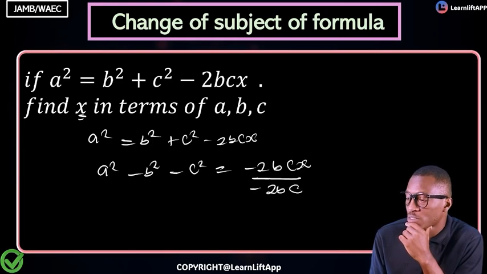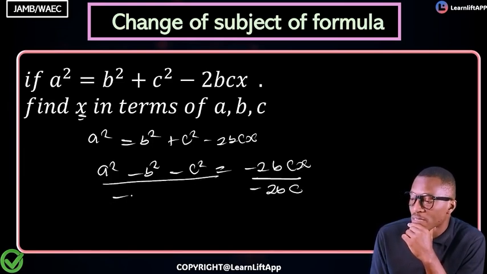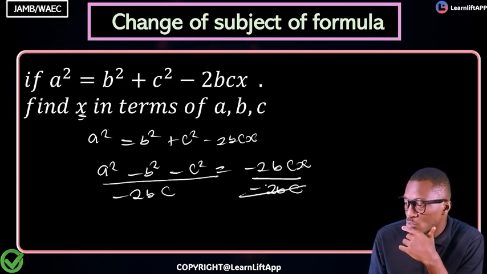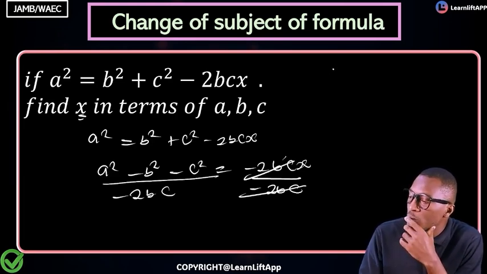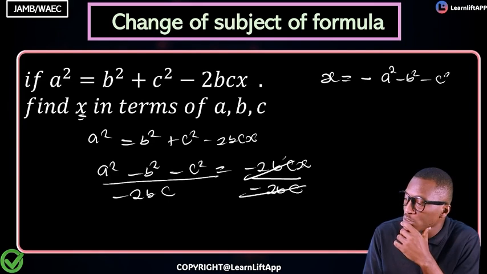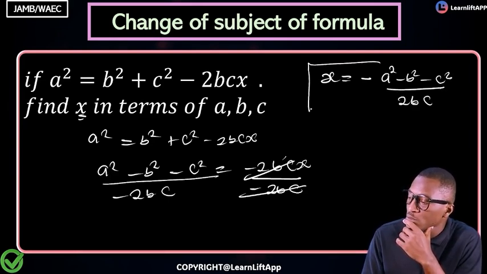Minus 2bc cancels minus 2bc. So x is equal to, we can put the minus here for everybody, a squared minus b squared minus c squared all over 2bc. So this becomes the answer.